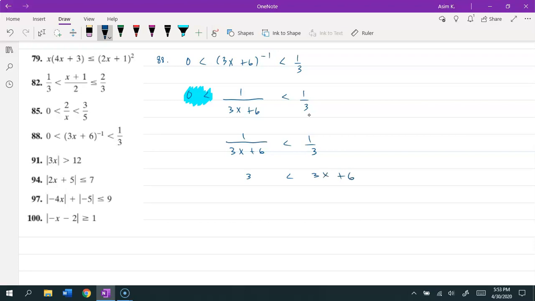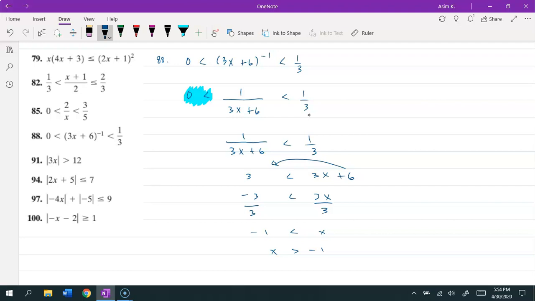Then you're going to subtract 6 on both sides, so you'll have negative 3, basically moving that 6 over, and 3x like this. Then you divide by 3 on both sides, so you have negative 1 is less than x.